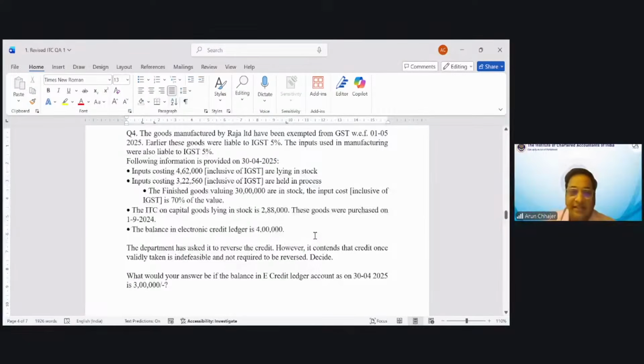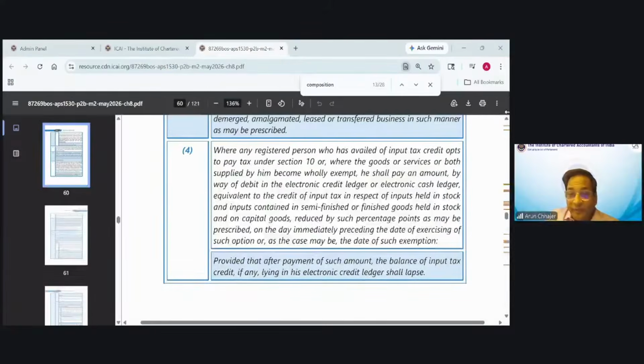Let me tell you why 3 lakhs. See, because of this wording, he can pay the amount equivalent to the credit of input tax and then shall pay the amount by way of debit in the electronic credit ledger or cash ledger.